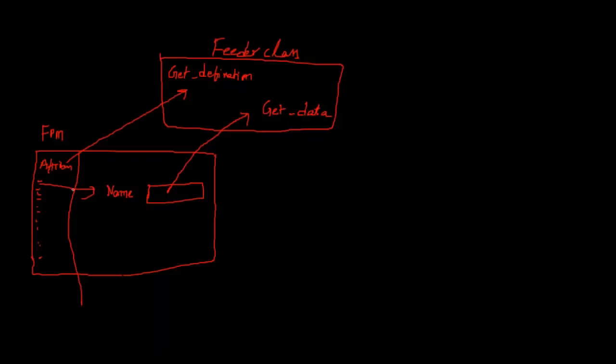When I'm saying I'm designing this screen, I'm saying this is a UIBB, user interface building block. This UIBB will have a feeder class behind it. Else my UIBB cannot function on its own.